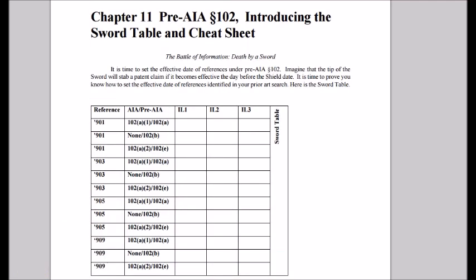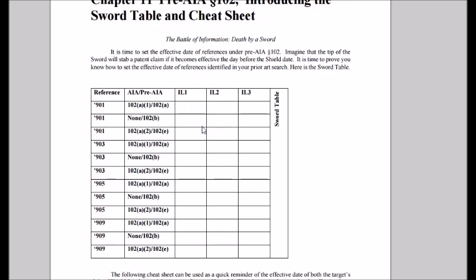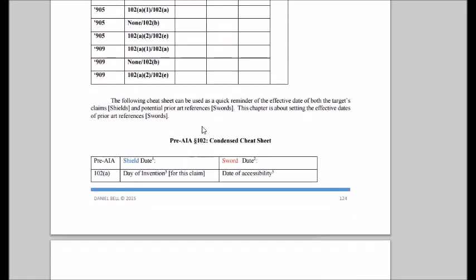In Chapter 11, we introduce the concept of a sword table, which is telling us what is the effective date under 102(a), we're talking pre-AIA now, of the 901 reference, what's its 102(a) effective date for these claims. And they have to look at the data structure and figure out what the effective dates are.